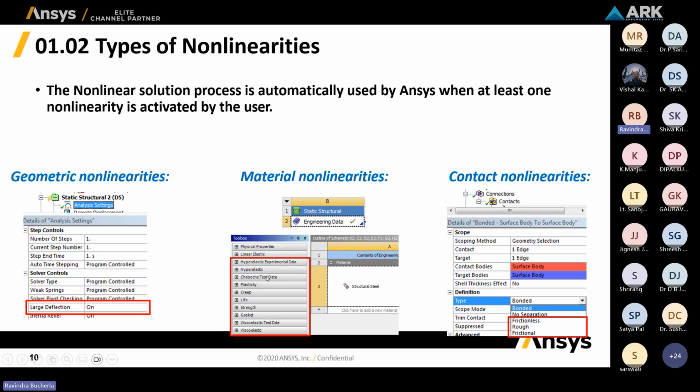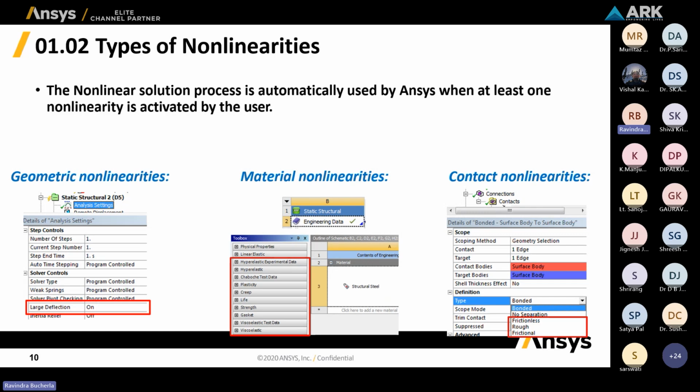If you are providing this kind of material information to our structures, generally it will be considered as a material nonlinear problem.